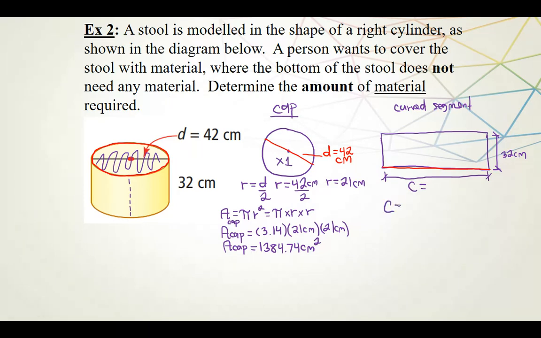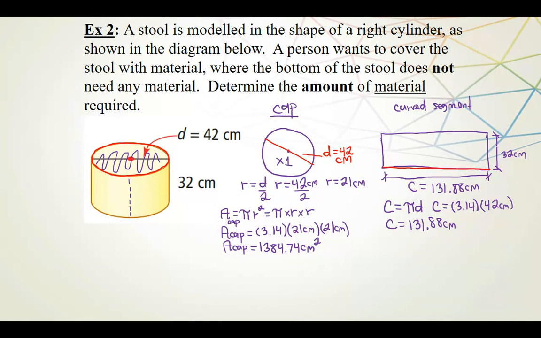So circumference is equal to pi multiplied by the diameter. So circumference would be 3.14 multiplied by the diameter, which is 42 centimeters. And 3.14 times 42 is 131.88, and the units are centimeters.